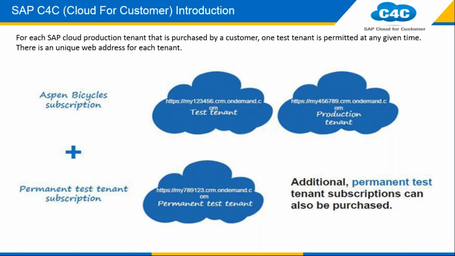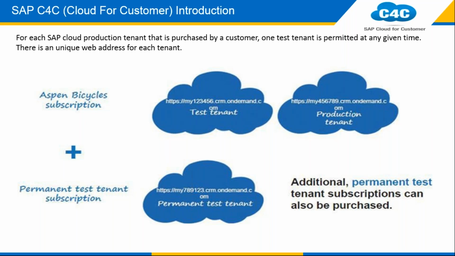As SAP provides two tenants, test and production, SAP best practices recommend the test tenant should be integrated with the quality server and the production tenant with the production server. Now the client wants a third tenant, which should be integrated with a development server, so that the systems will be in sync.